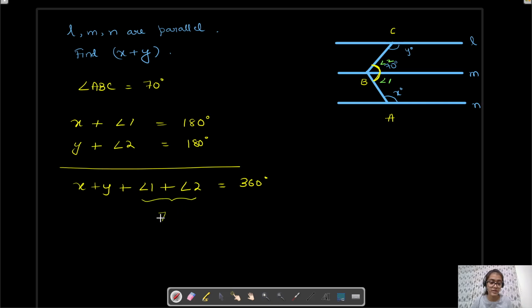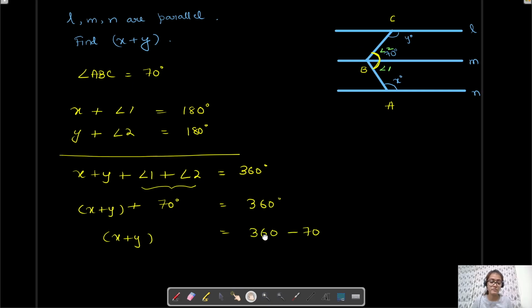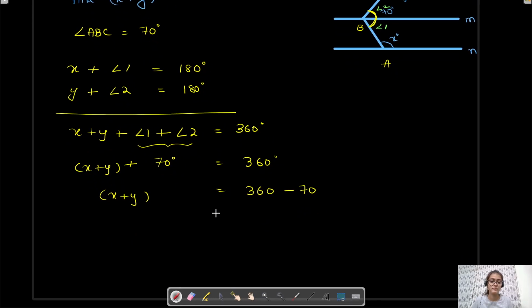So 70 plus x plus y equals 360 degrees, and then x plus y is equal to 360 minus 70. So you're going to get 290.